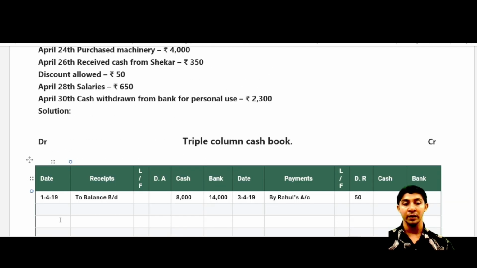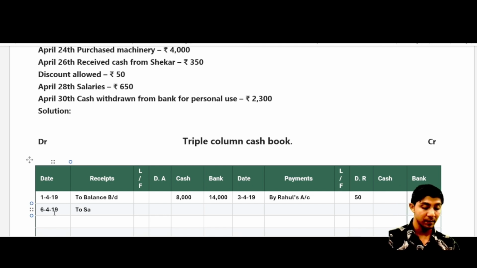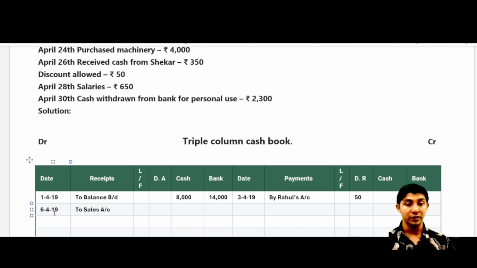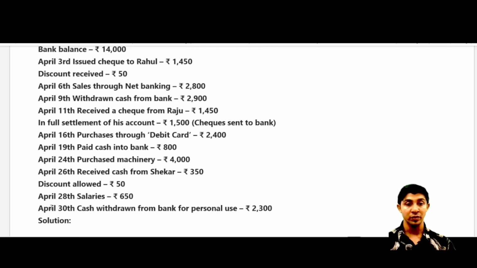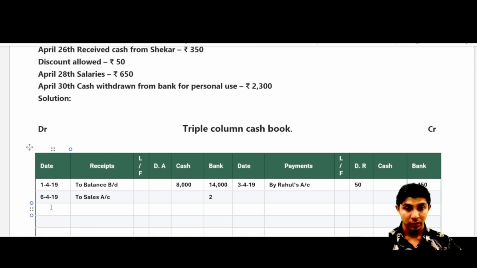What is the date? The date is 6th April 2019 and टू हम क्या करें? सेल करें, सेल्स अकाउंट and we have received through net banking. That means we need to enter the amount in our bank column. So what is the amount? The amount is rupees 2,800.